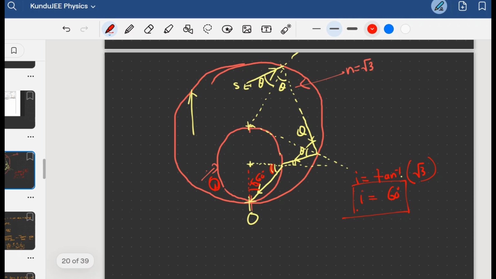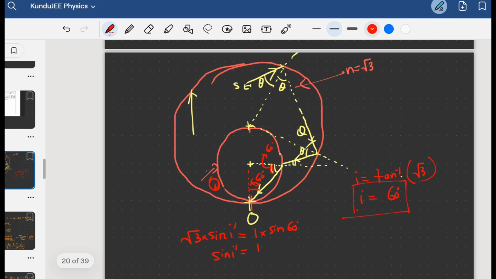So at this interface where light is entering the air cavity, the angle of refraction is 60 degrees, right? This becomes a 60 degree angle. At this interface, if we apply Snell's law, light is entering from glass, which has refractive index root 3, so root 3 into sine of the angle of incidence, let's say sin I dash, is equal to 1 into sine 60 degrees. So sine of I dash, I am getting root 3 by 2.